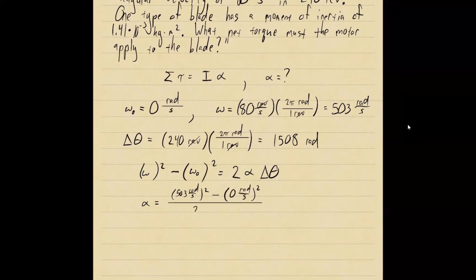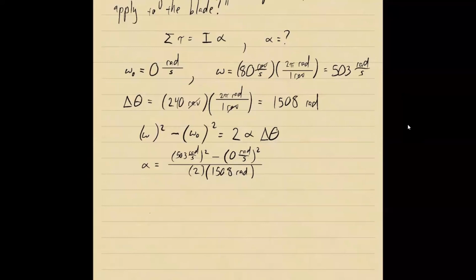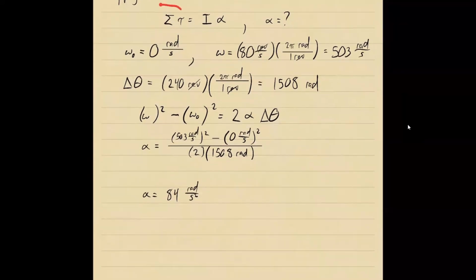We're dividing that by 2 times our angular displacement, which we found to be 1,508 radians. And so when you punch all that in, we get that this blade has to have an angular acceleration of 84 radians per second squared. And now we can finally figure out what the net torque has to be.